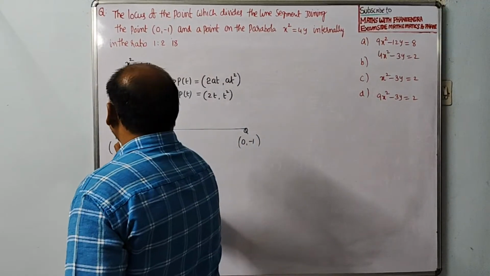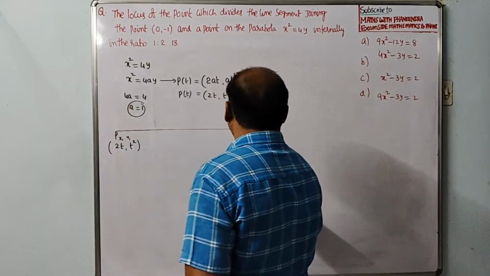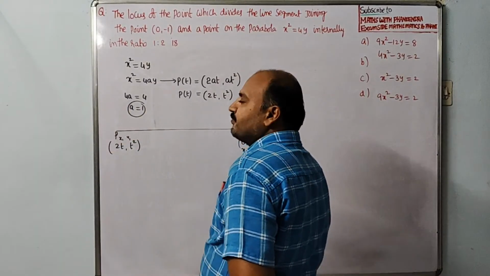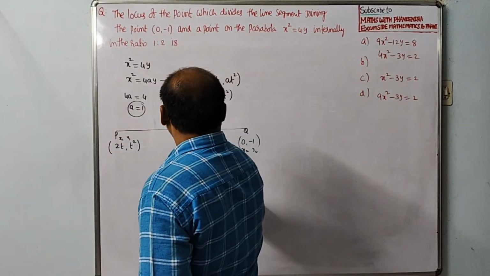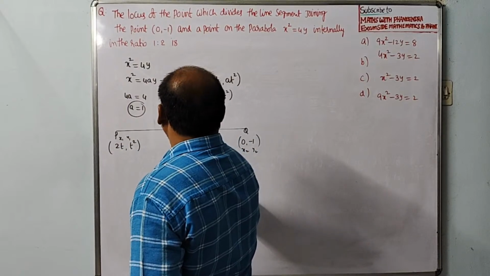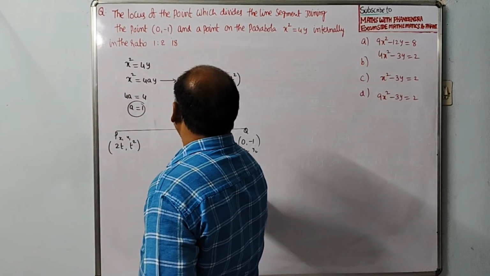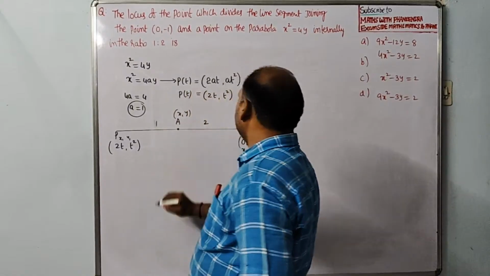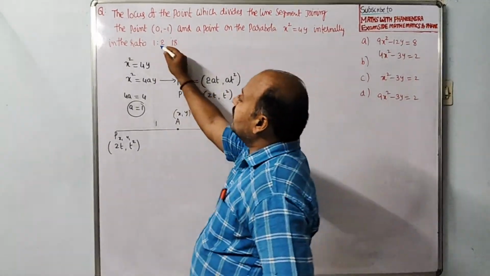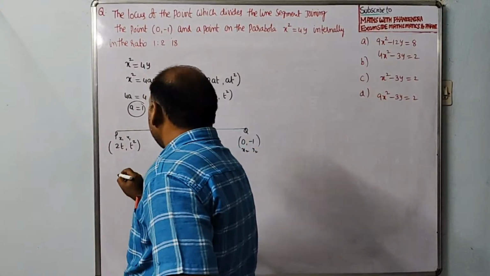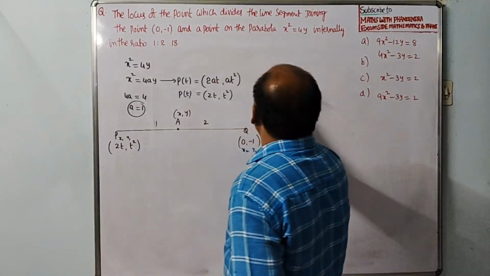This is x1 y1, this is x2 y2. And the locus point, variable point I am taking here, A of (x, y). It divides in the ratio of 1:2 internally. So therefore the locus point, here you have to write it.